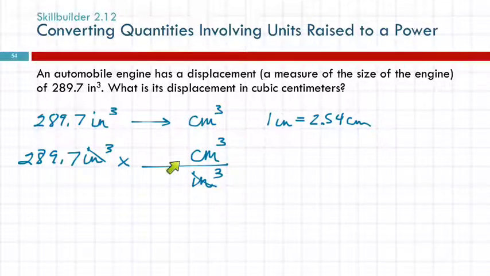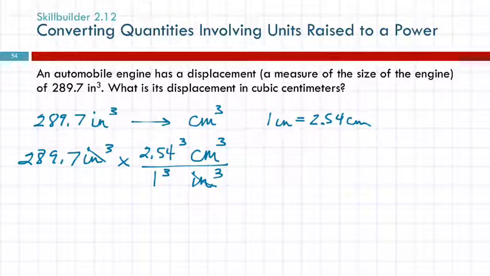The relationship between centimeters and inches is given over here. 2.54 centimeters is 1 inch, but this is centimeters cubed. So I need to cube the numbers as well. Okay? Everybody with me on that one?